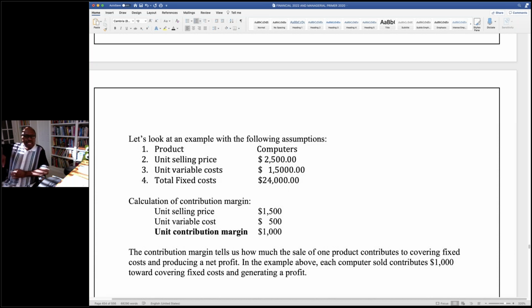So we see our assumption: we have a product, a computer, with a selling price of 2,500, a unit variable cost of 1,500, and we're going to make the fixed cost 150,000.